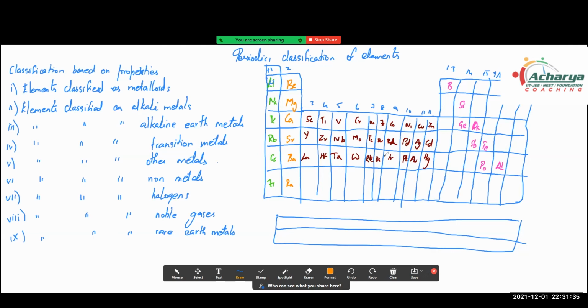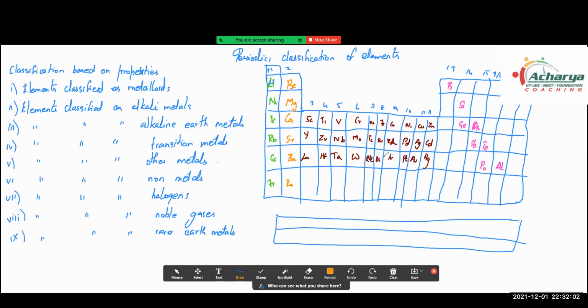So these are the 30 elements. Basically, in the transition metals, there are 30 elements filled in the 3rd group to the 12th group, with 10 elements per row, and they have the ability to conduct electricity and heat.